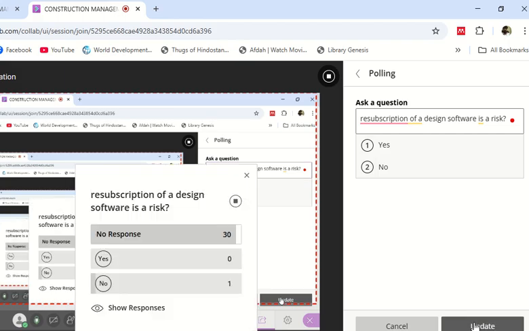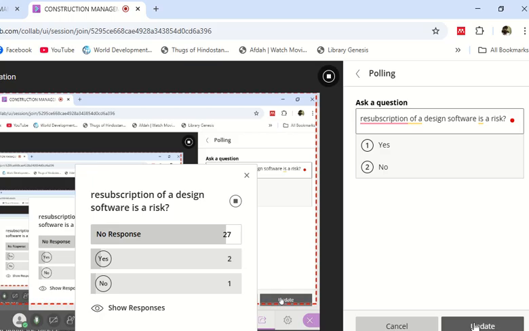Yes, so it is fulfilling one of the conditions, that it does affect the project. But can we call it a risk or not? Yes, what about the others?